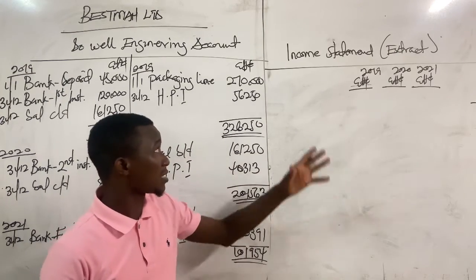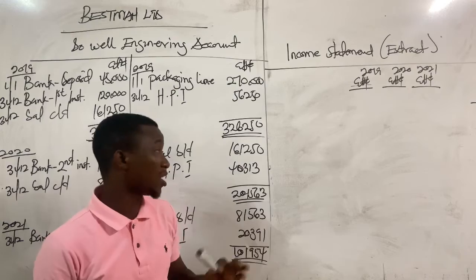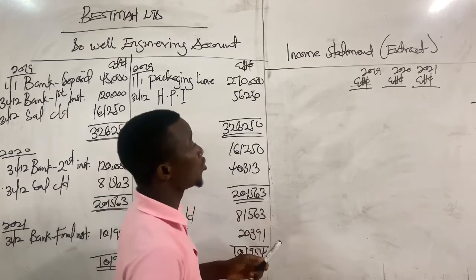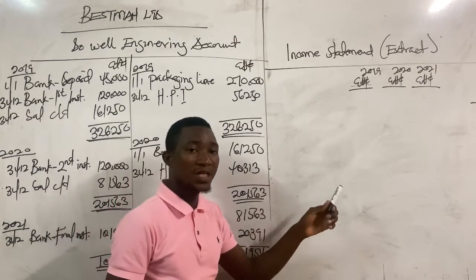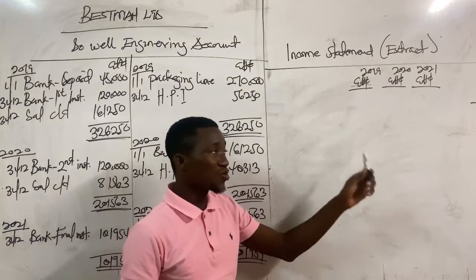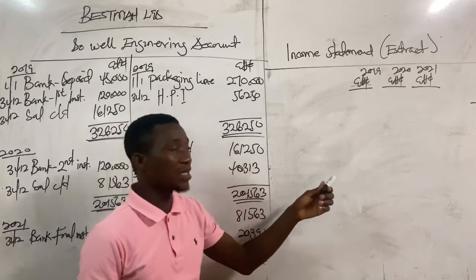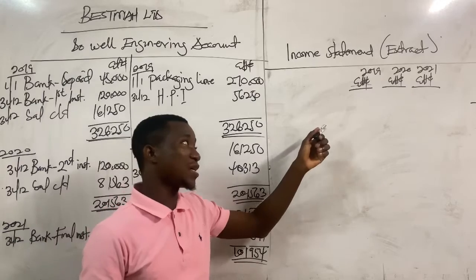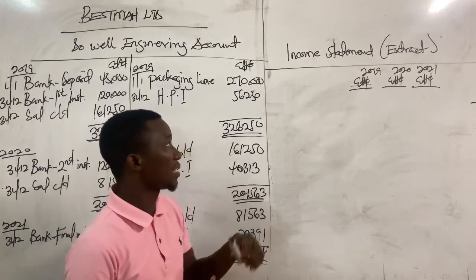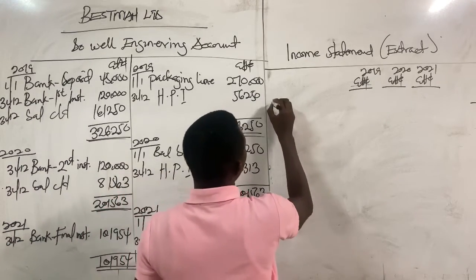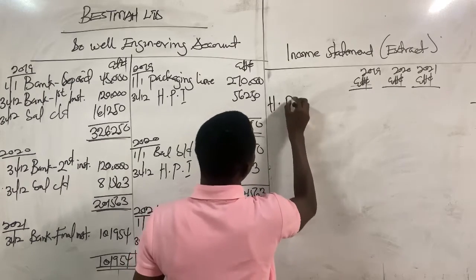Okay, so let's look at how we prepare the income statement extract. Those hire purchase interest that we just transferred from the hire purchase interest account, it is an expense, so it will be debited to the income statement. So HP interest, hire purchase interest.